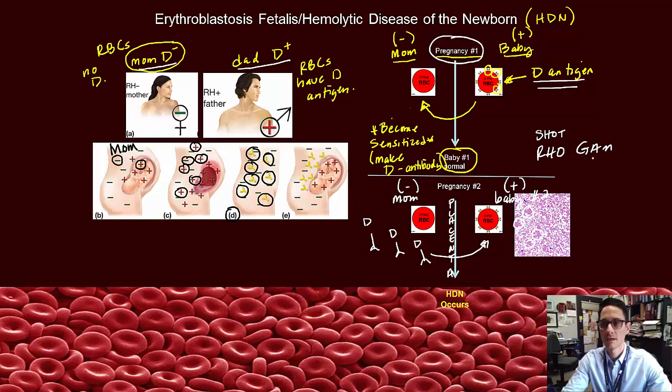And what RhoGAM does is it prevents mom's immune system from making D antibodies. So it kind of stops her immune system from making D antibodies, even if she does get exposed to baby number 1's D antigen. And that way, during pregnancy 2, even if the baby is positive, mom won't have those D antibodies because we gave her the shot of the RhoGAM that prevented her from making those D antibodies.